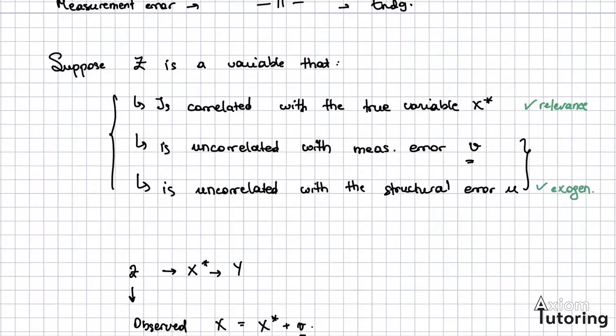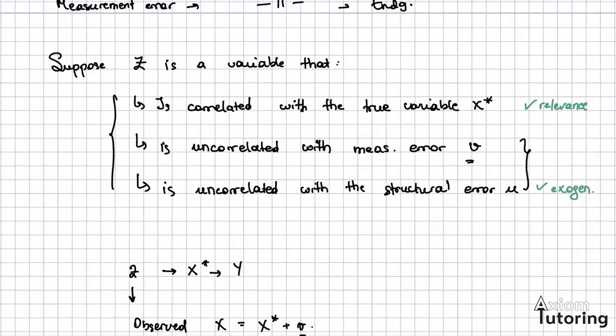And clearly finding an instrument that is uncorrelated with measurement error as well as the structural error is now a stronger requirement than what we saw with reverse causality. So if you're doing work on measurement error, this is worth being explicit about in any applied work. Okay.